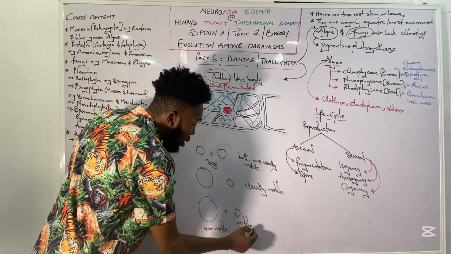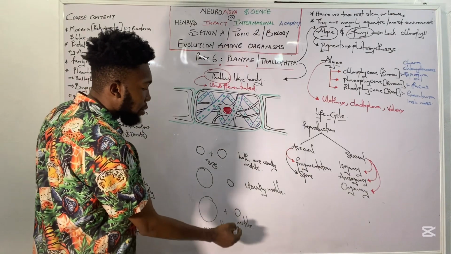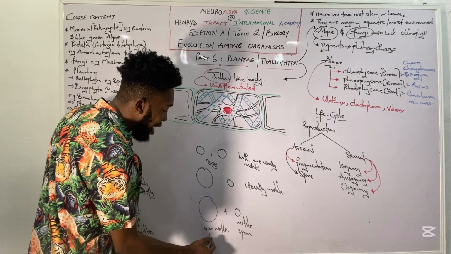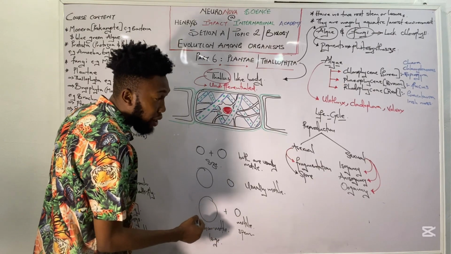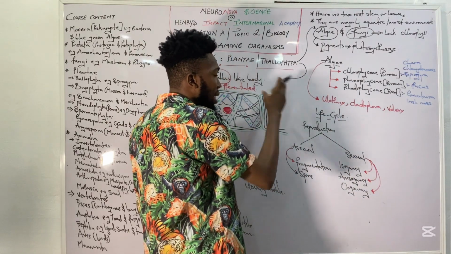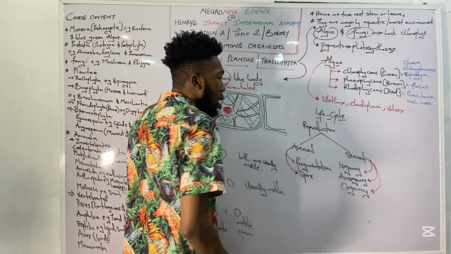If you look at what happens with humans, our sperm is the smaller one that is motile, and we have the non-motile large female egg, right? So that's oogamy. So the three sexual means that Thallophytes can exhibit are isogamy, anisogamy and oogamy.